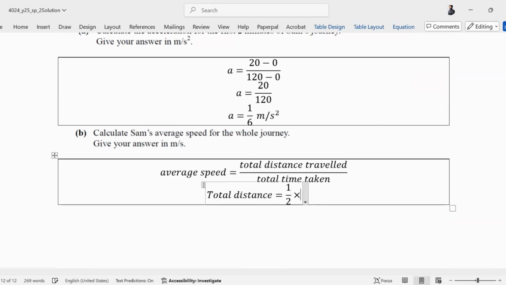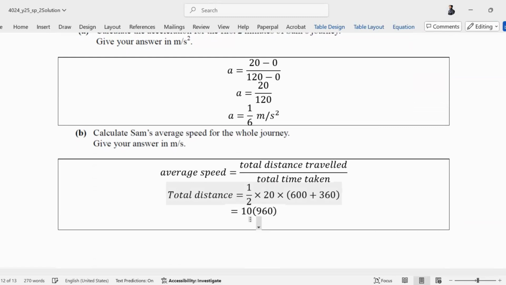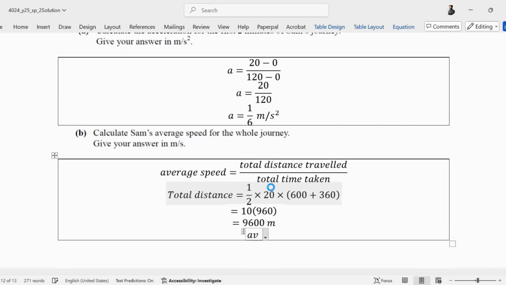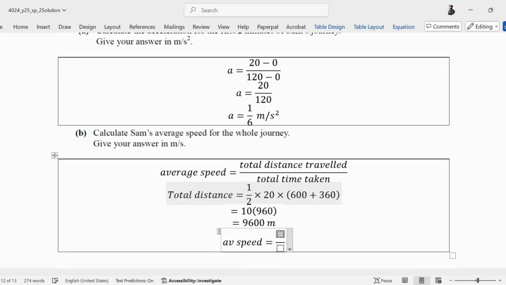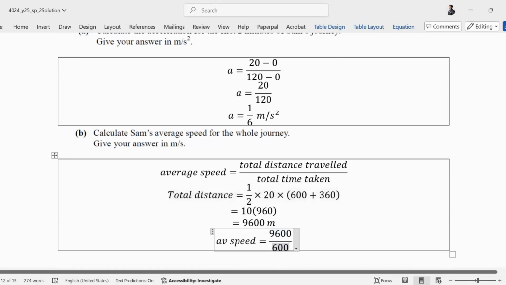Half into height, which is 20, into the sum of parallel sides, which is 600 plus 360. The 2 and 20 cancel out, I'm left with 10. 600 plus 360 is 960. So this is 9600 meters. This is the total distance traveled. Average speed: total distance is 9600 divided by total time taken, which is 600 seconds.